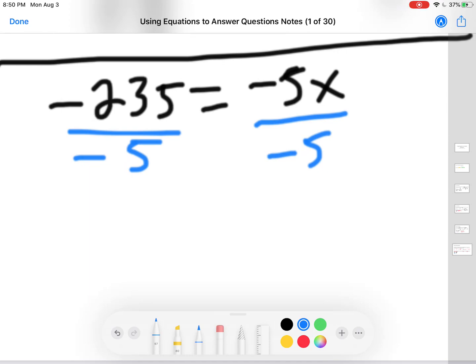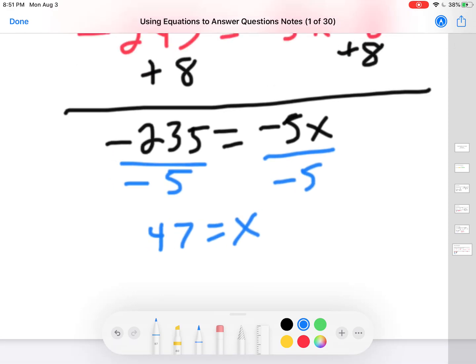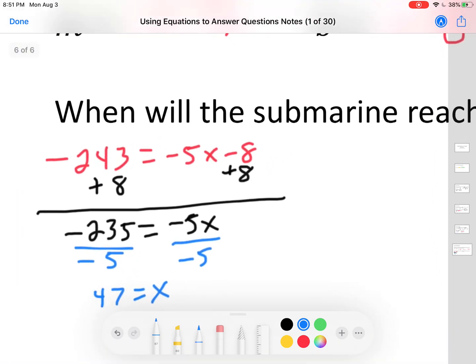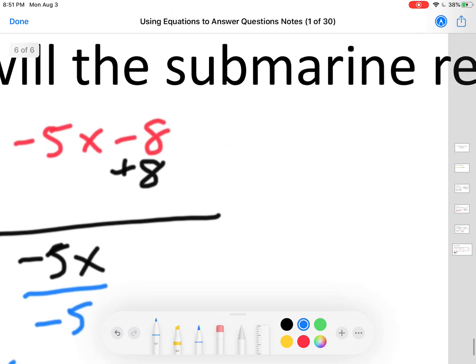So this is going to be a positive number. 5 goes into 23 4 times with 3 left over. 5 goes into 35 7 times, so that's 47, positive 47. Negative divided by negative is positive, and that makes 1, and 1 times x is x. So that must be the solution. But we have to check it.